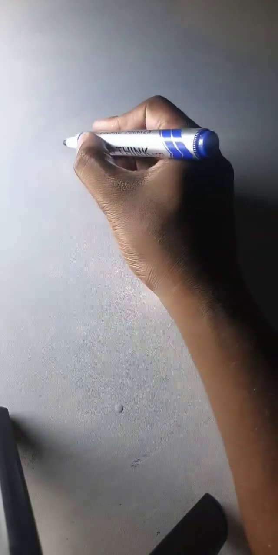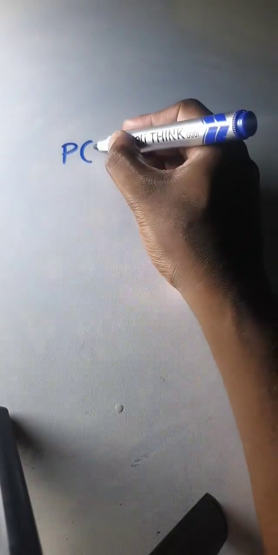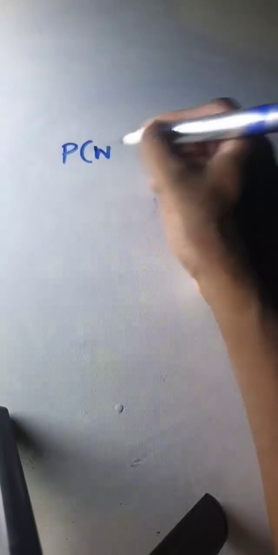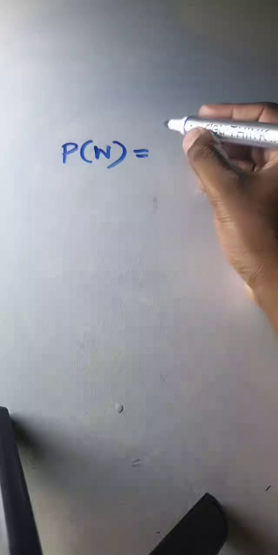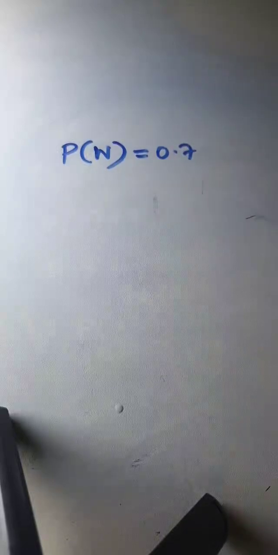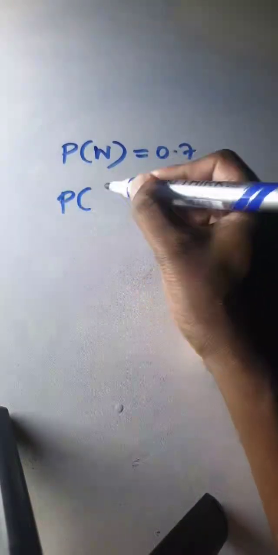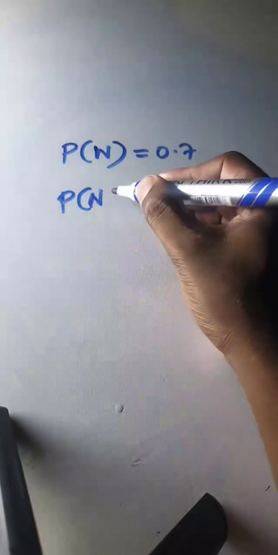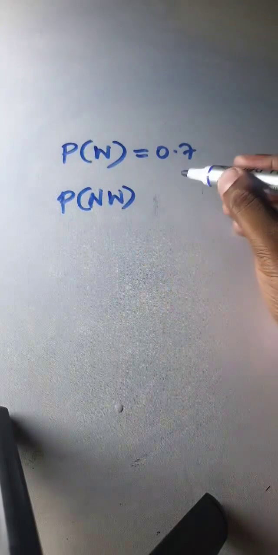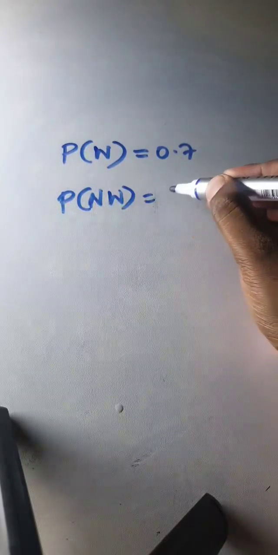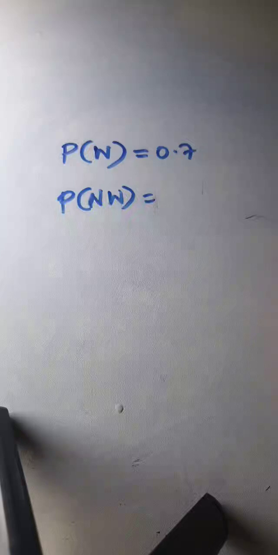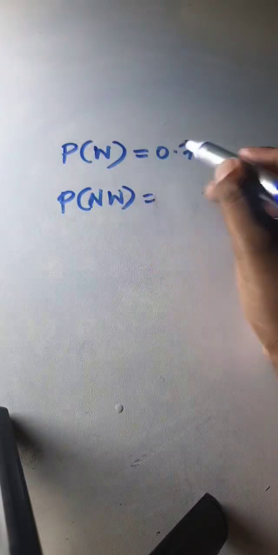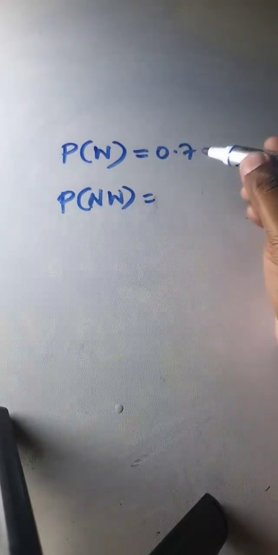Okay, the probability that Sarah bought a new wig is equal to 0.7. Find the probability that she didn't buy, so no new wig. So the probability that Sarah has a new wig is 0.7.